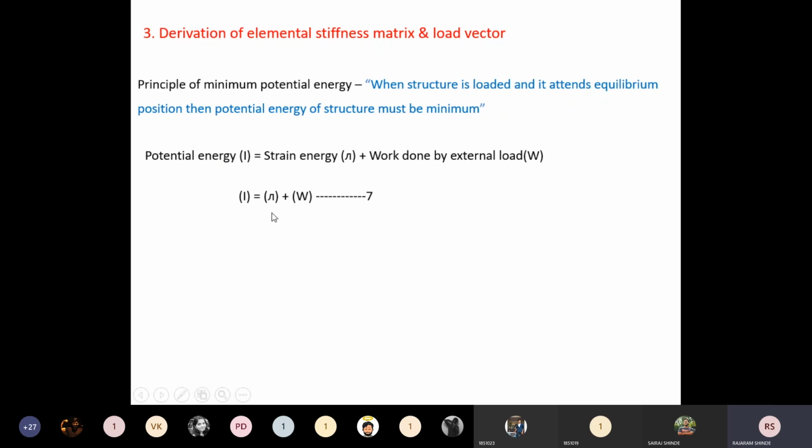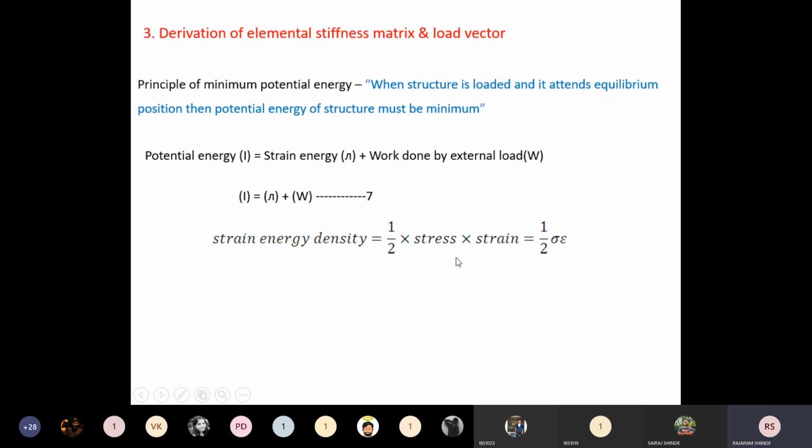Now this is Pi equals pi plus W. You have to remember one thing, that is here pi is a strain energy, it is developed because of the internal resistance, and W is the work done by external loads. These two things are in opposite direction, though here sign is positive, but one is in positive direction, one is in negative direction. This sign will be changed when we proceed for the next calculations. Now that we will discuss.